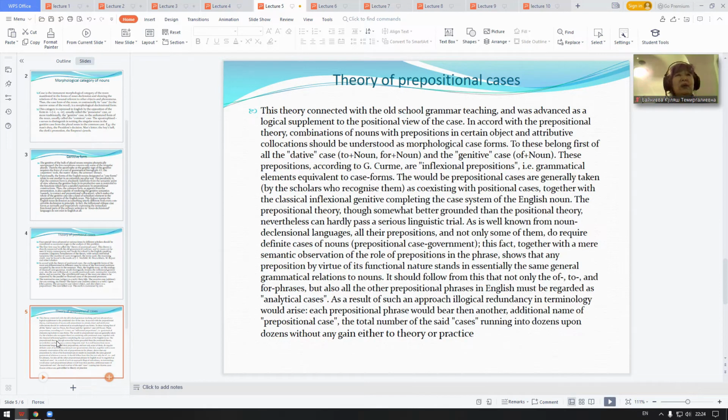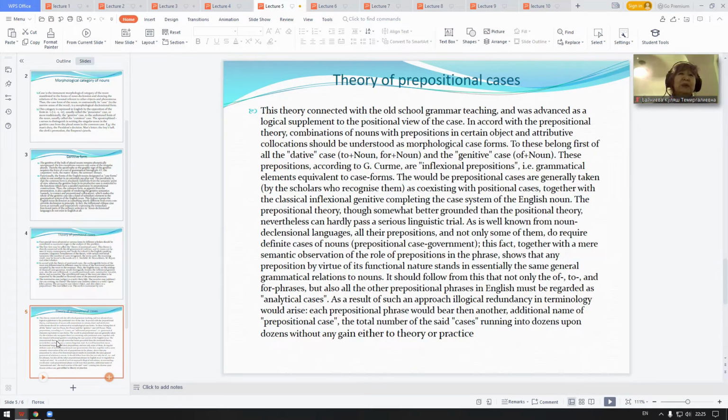To these belong first of all the dative case, to plus noun, for plus noun, and the genitive case, of plus noun. These prepositions, according to Kern, are inflectional prepositions, i.e. grammatical elements equivalent to case forms.